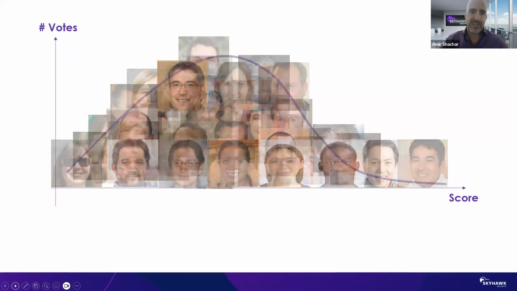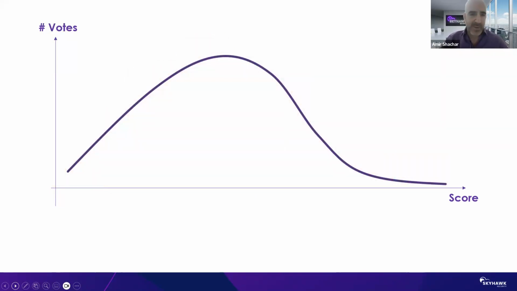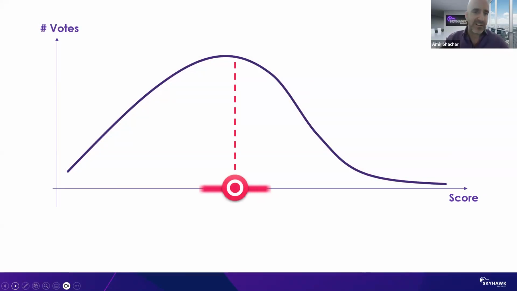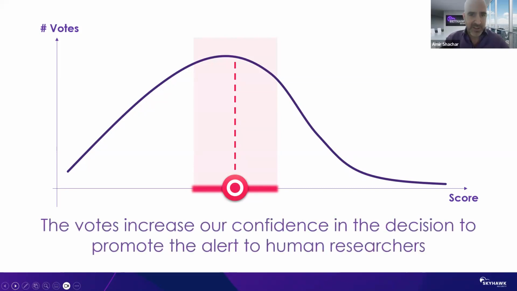In turn, this distribution helps us come up with, for example, the median of the distribution and the variance, and build a confidence interval, which helps us be more confident about the decision of whether we want to promote this alert or incident to human researchers. This is, of course, only one way we could combine the votes. There are many other ways. For example, we could let the agents speak with each other, but that's just to get a feeling.